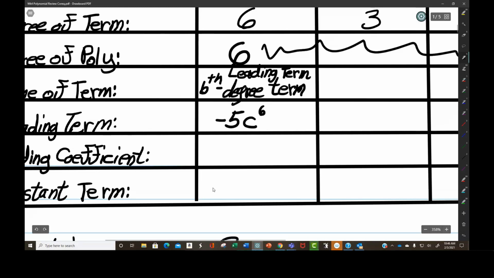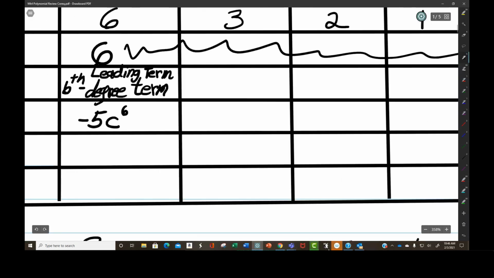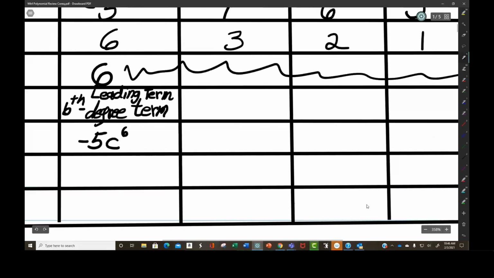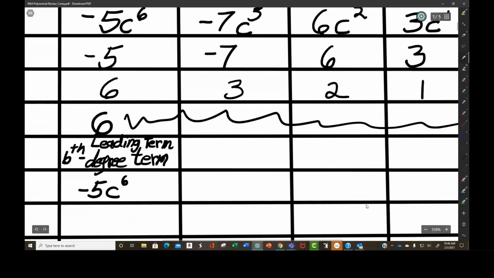Okay, so the name of each term. Let's go back to that. There are the terms. Okay, this term is a third degree term. Let me make this smaller.